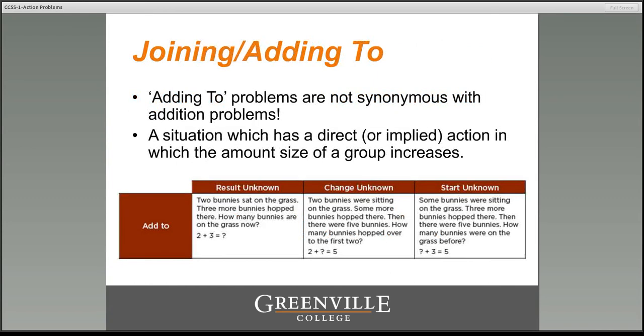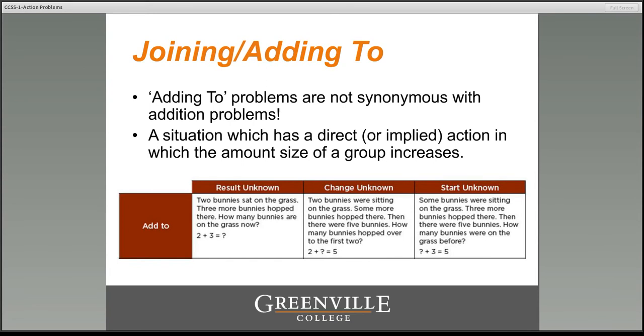I'm going to be using a phrase called situation equation, and I need to just stop for a minute and clarify what I mean by that. Below each of the word problems on this slide, you see an equation. The equation is written to exactly match the mathematical nature of the problem. If my equation is 2 plus question mark equals 5, the middle one you see here, it is true that the recognized operation for finding that answer or the solution would be subtraction.